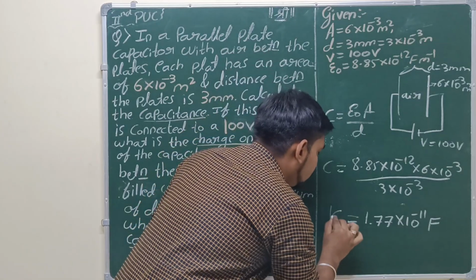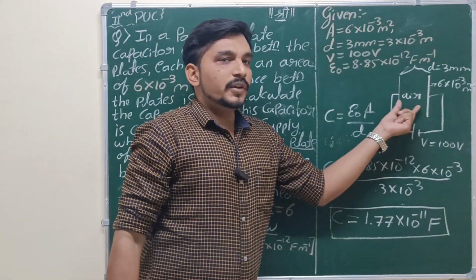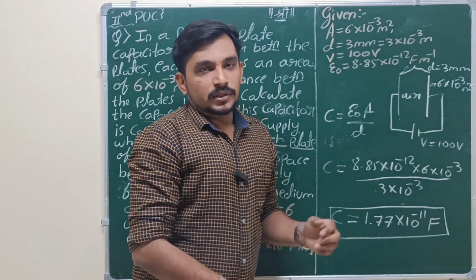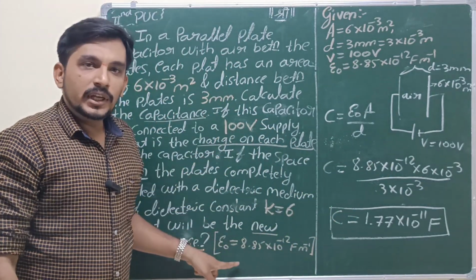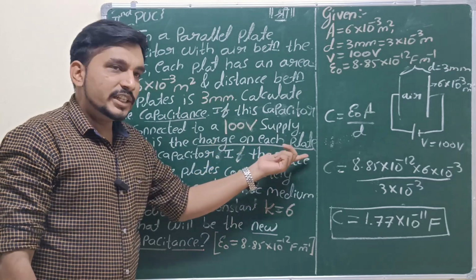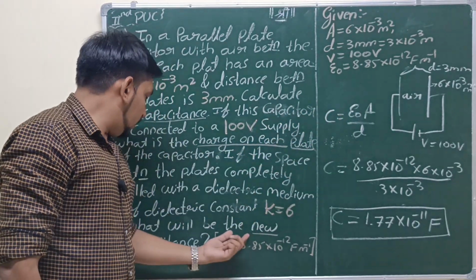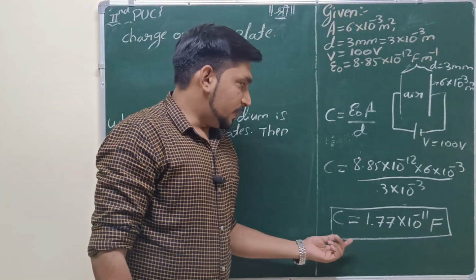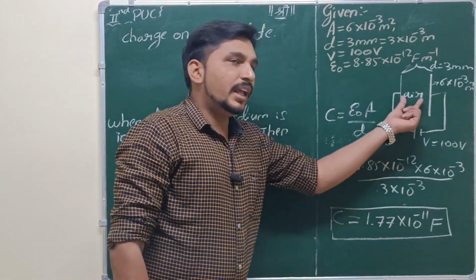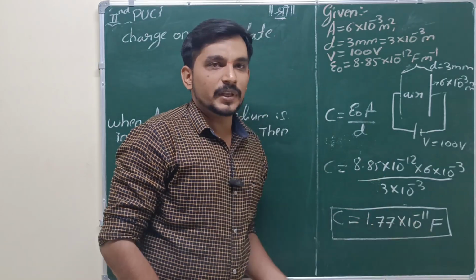So this is the capacitance of the capacitor when air is between the two plates. Note it down. Next, let us calculate the remaining 2 points: the charge on each plate, and the new capacitance when the dielectric medium is introduced.